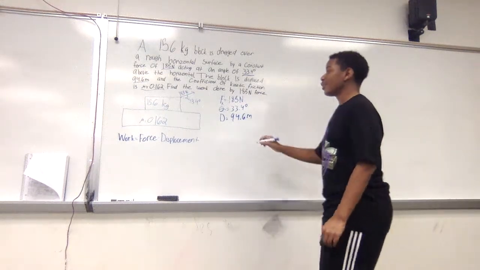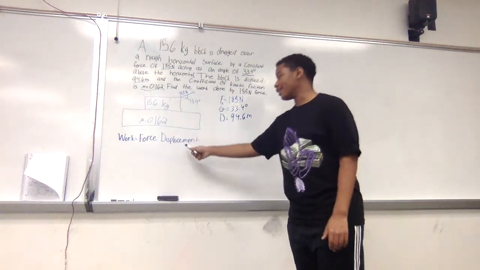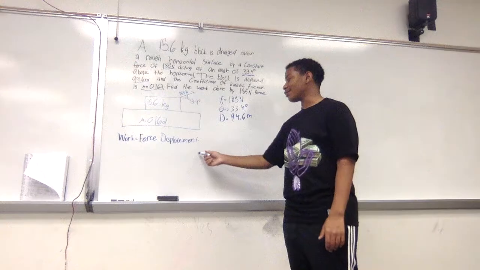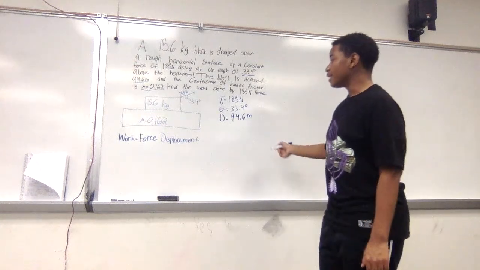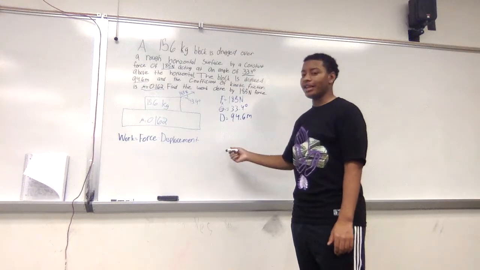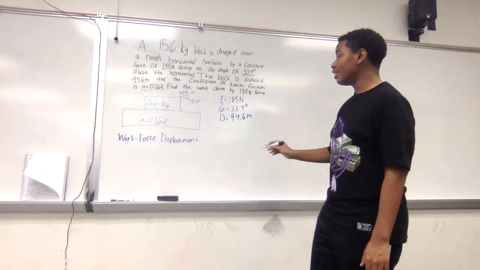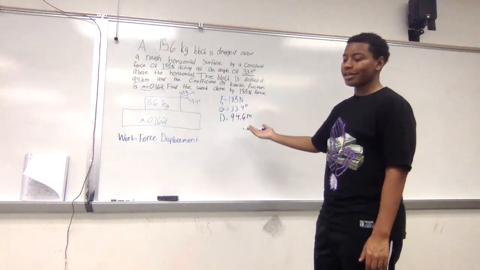In order to find work, you need force and displacement. So work is force times displacement. But since the force is acting at an angle, you would need to use the angle at which the force is being applied. They already give us the angle, so we don't have to calculate it.